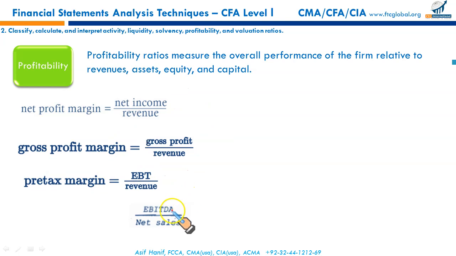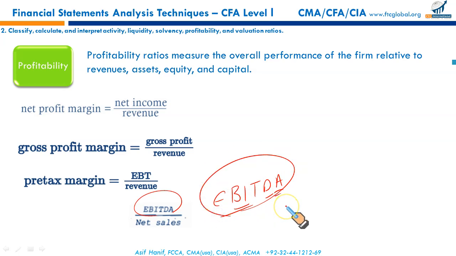There is also a performance measure called EBITDA, that is earning before interest, tax, depreciation, and amortization. This was floated way back in the early 90s when the dot-com bubbles were bursting. In order to make such high-tech companies look somewhat acceptable for investors, they came up with this measure, EBITDA. Why?